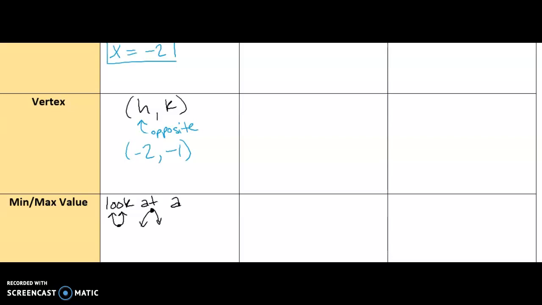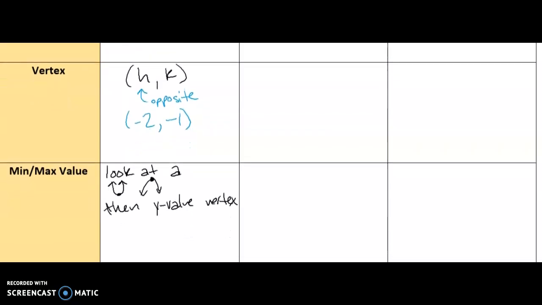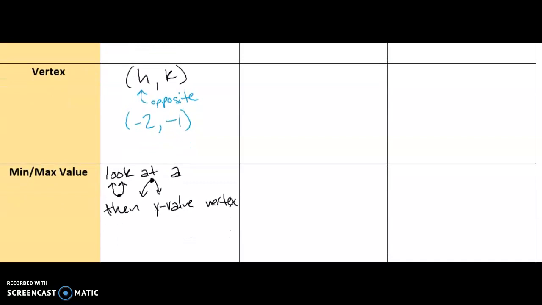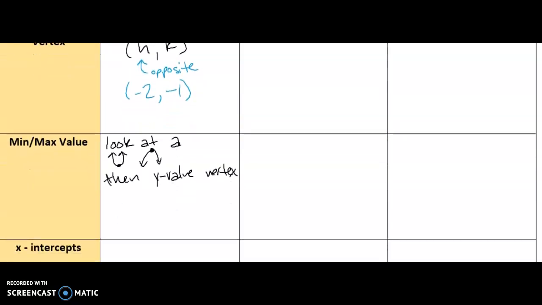And then you're going to look at the y value of the vertex, and that will always be your maximum or minimum value. So in this case, we are opening up, so that means that we have a minimum. And our minimum value is equal to negative 1, which is the y value of the vertex, which is k.